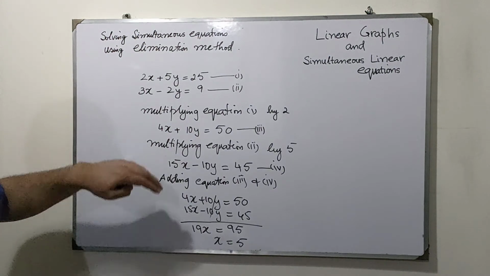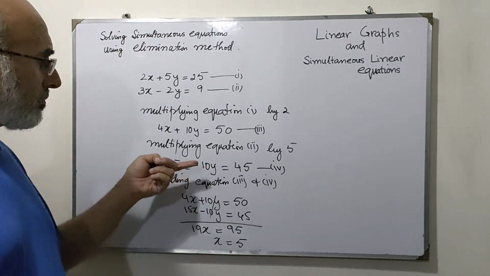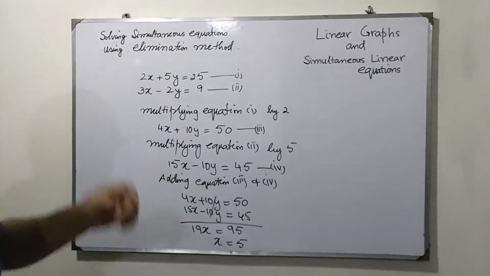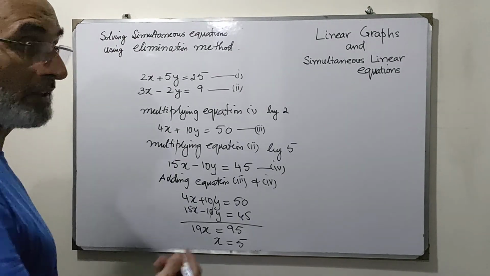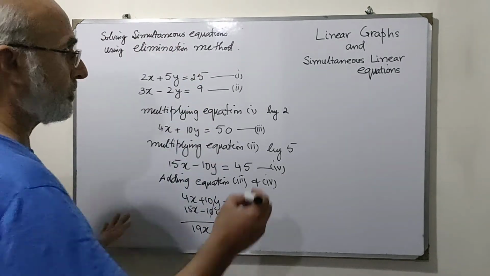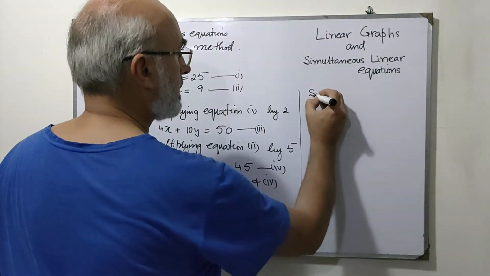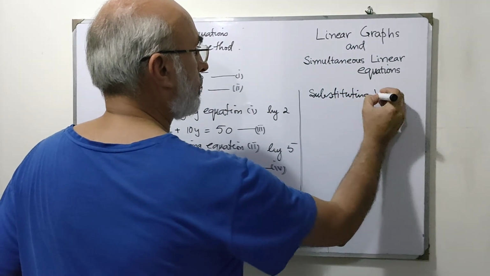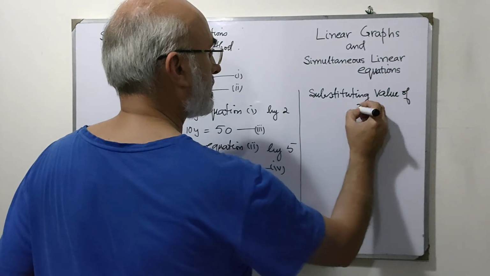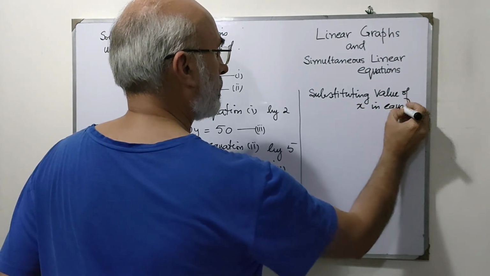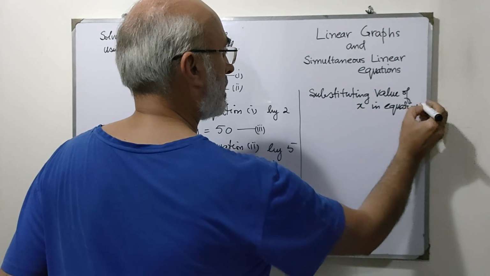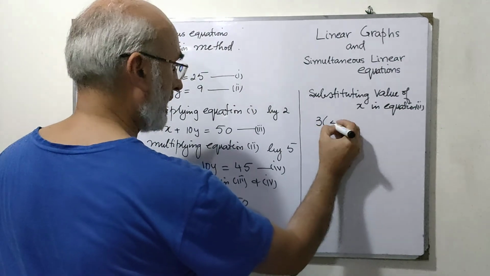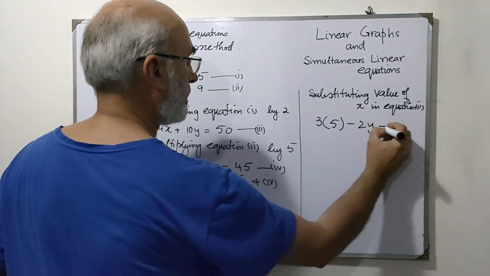So let's substitute. Now we have 4 equations. You can apply this value in any of the equations. Let's apply it in equation number 2, just randomly. Substituting the value of x in equation 2: 3 into 5 minus 2y is equal to 9.